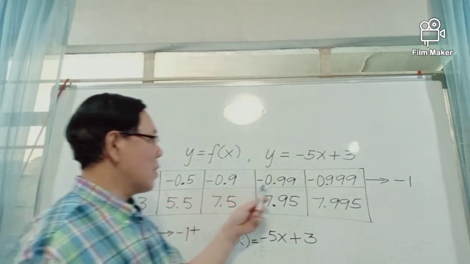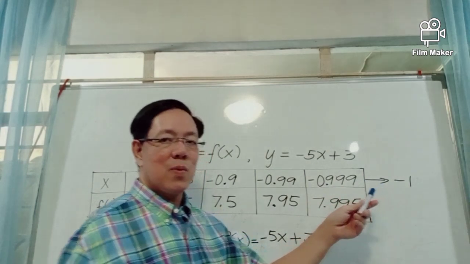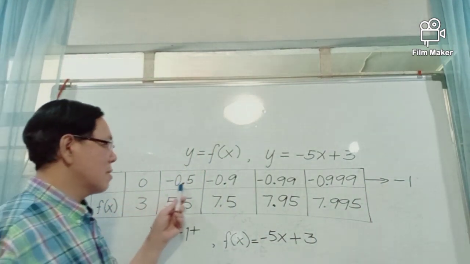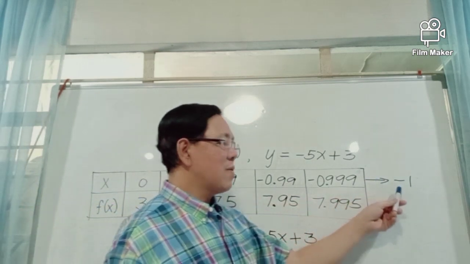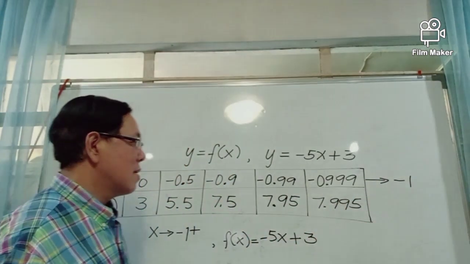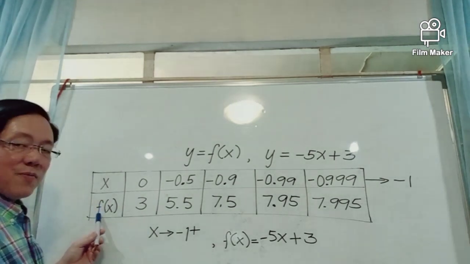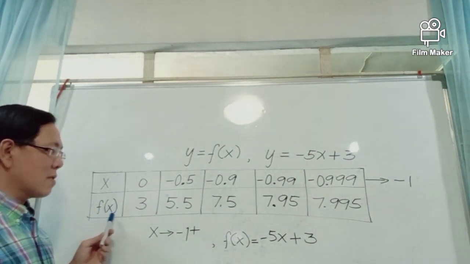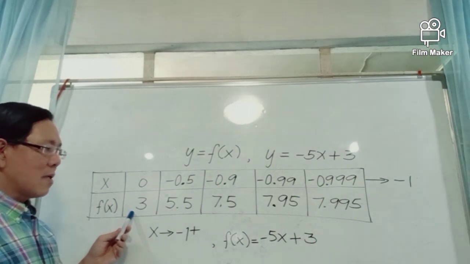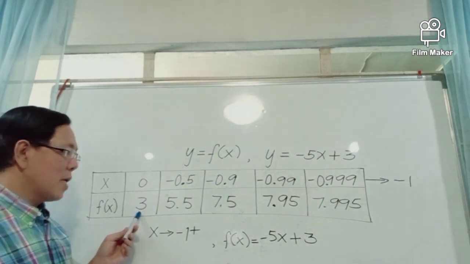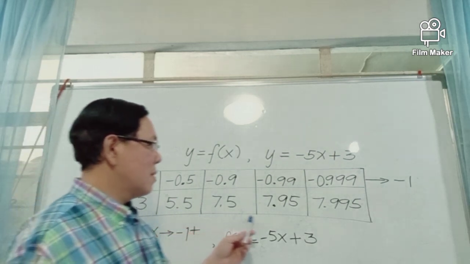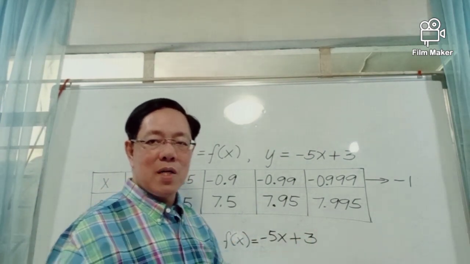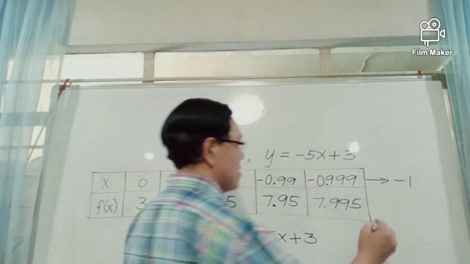These numbers are all numbers to the right of negative 1. And the values of x are approaching negative 1 from the right. And the values of the function f of x, you can see, are approaching a number. And you can see from this table that that number is positive 8.